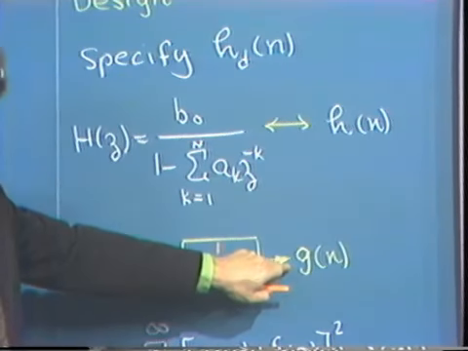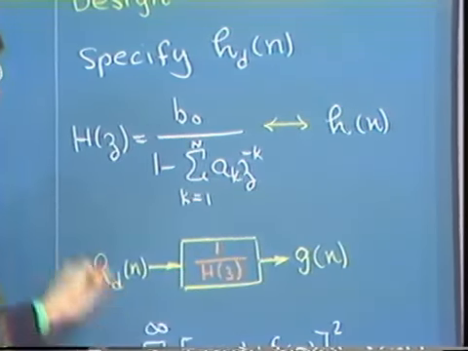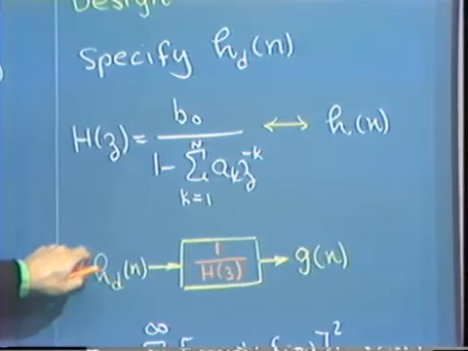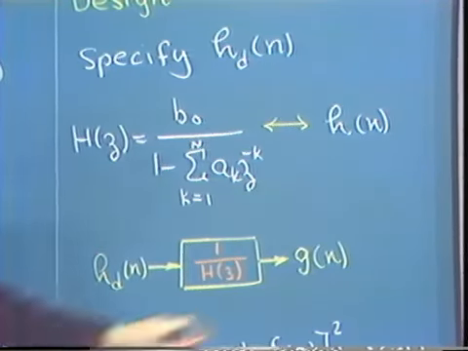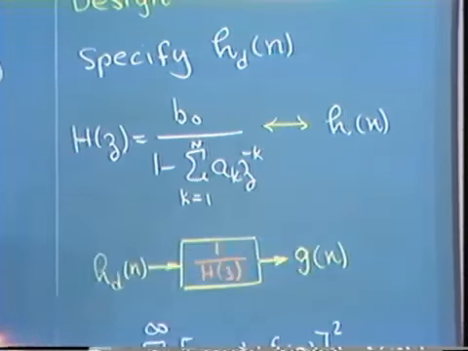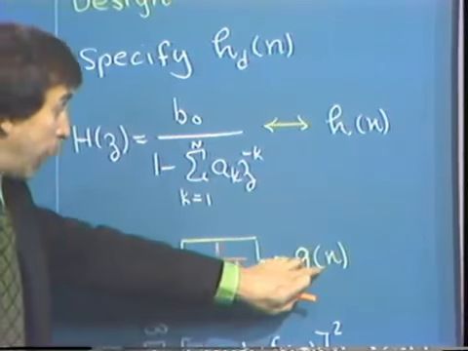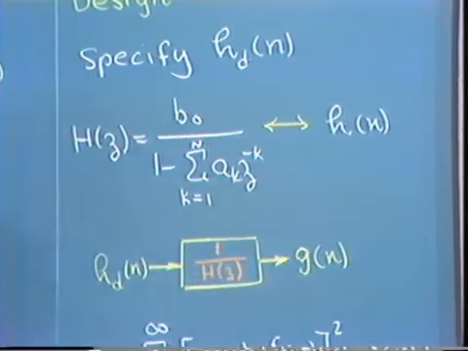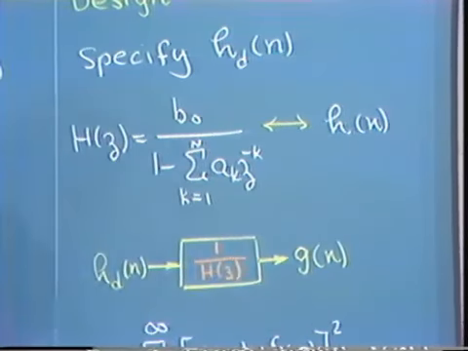Well, it would be a unit sample, because this would be exactly the inverse of this unit sample response. Well, let's think of the output as g[n], and ideally, g[n] should be an impulse, a unit sample. Well, in general, of course, it won't be.